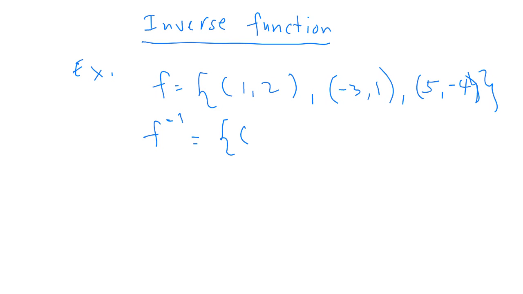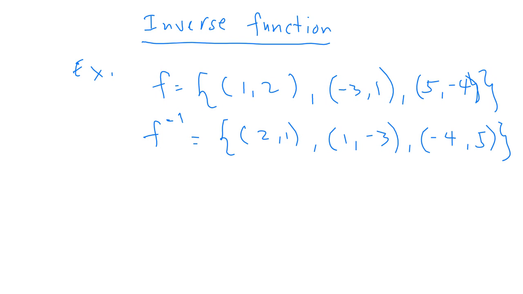So that would be f inverse. You will have 2 comma 1, and then here it's 1 comma negative 3. Again, you're just interchanging your x coordinate and the y coordinate. On the third ordered pair, it gives you negative 4, 5 by interchanging the values for x and y. So that's how we find the inverse.